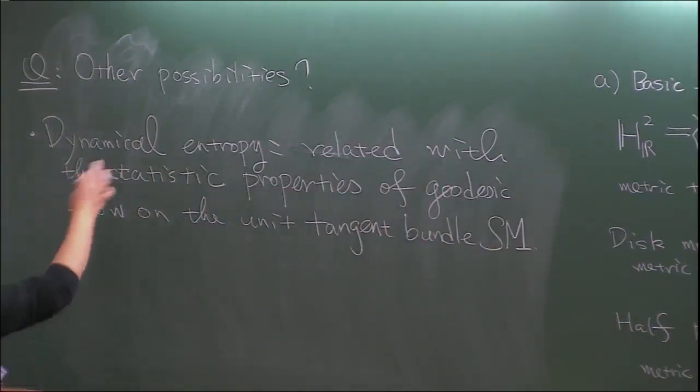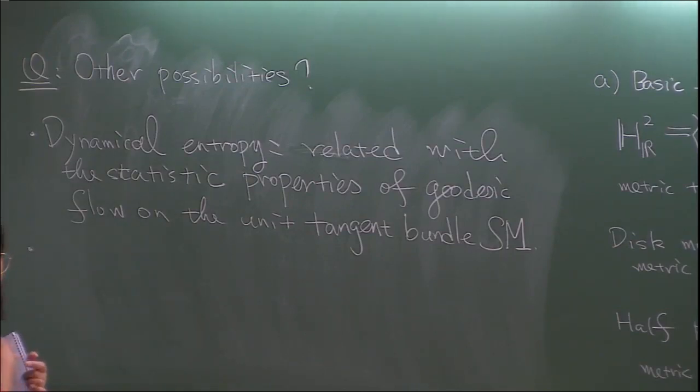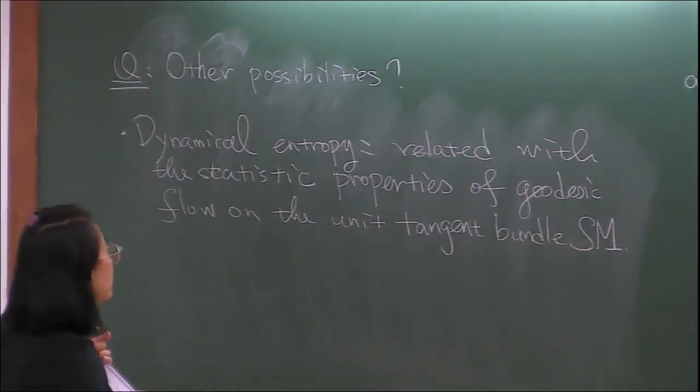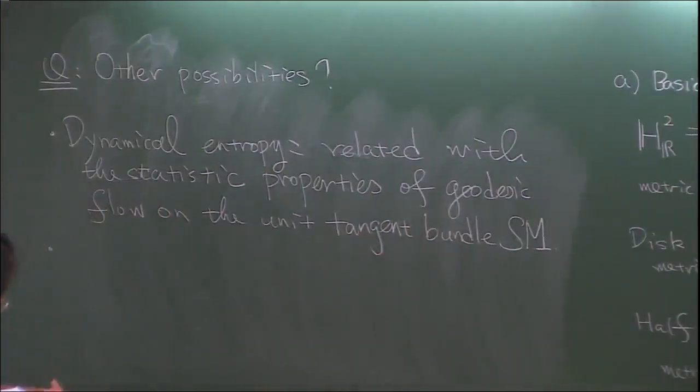Okay, this is a dynamical point of view. And when you consider measures, you can also consider measures related to other motions, such as the diffusions corresponding to the foliations on this SM.